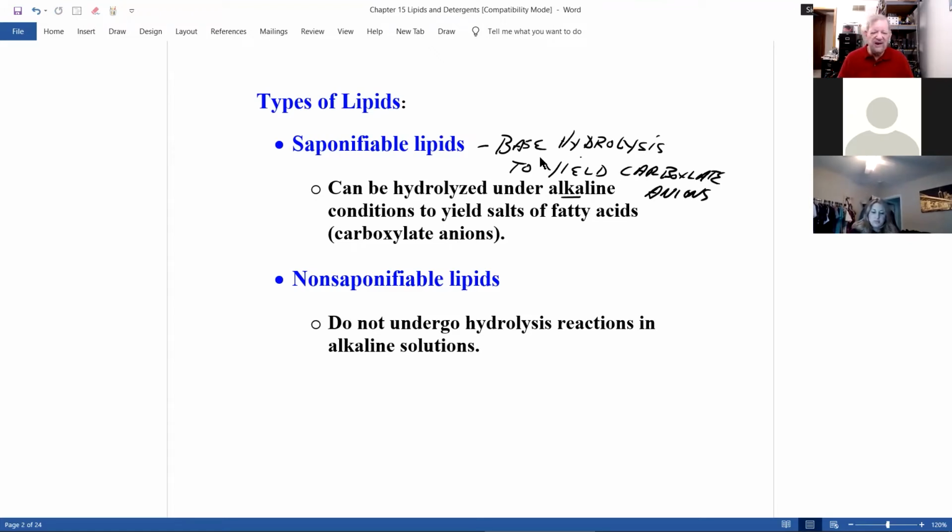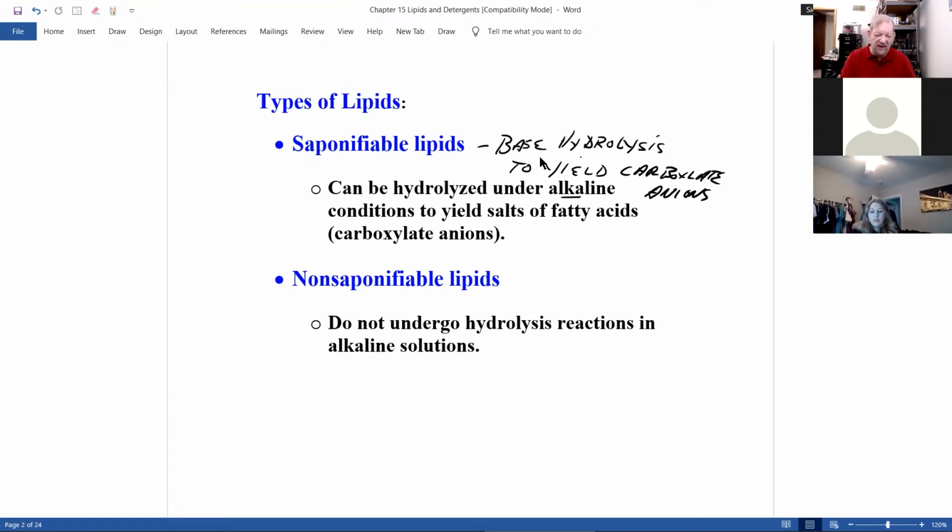So what that means is, if you take one type of lipid that's called saponifiable lipids, remember you learned about saponification of an ester. Well, you'll see where it got its name, because when you treat that type of lipid with base and water, base hydrolysis, one of the things you get is carboxylate anions.